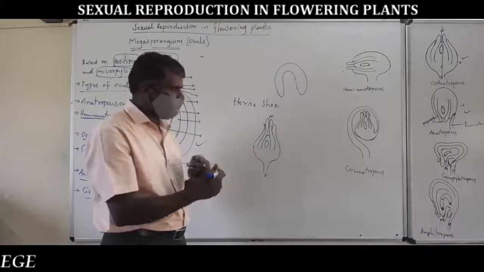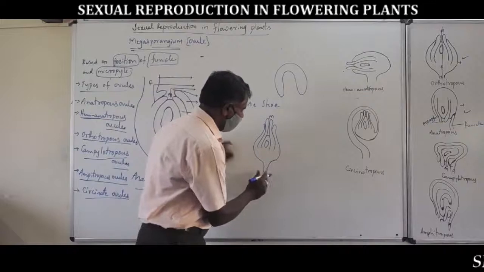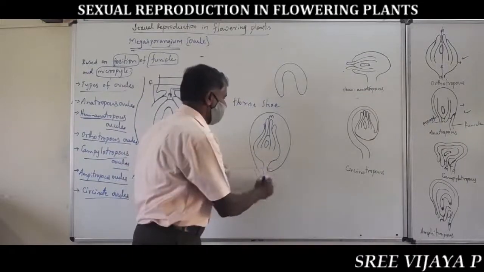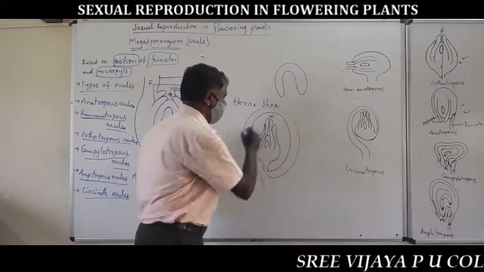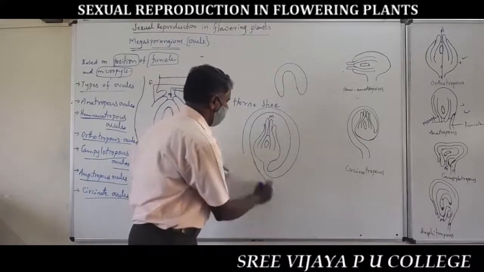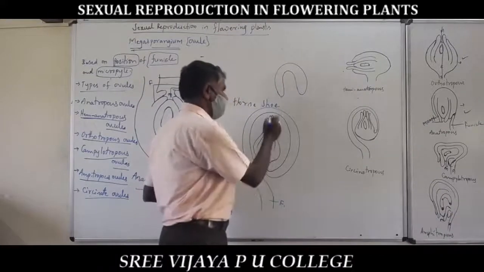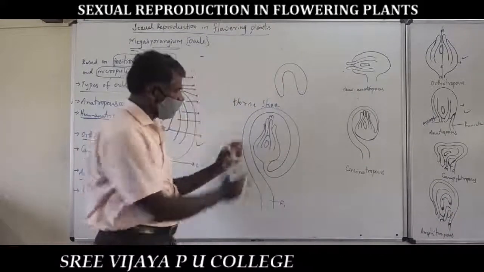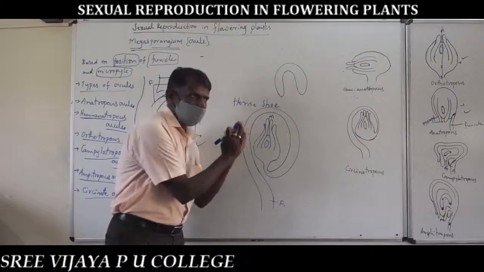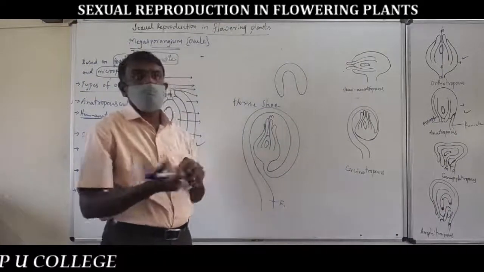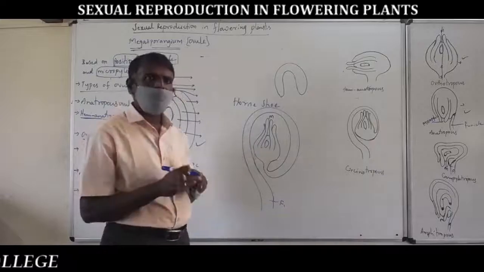At the time of curved nature, it is like a C. That is nothing but an orthotropous ovule which curved through a 360-degree angle.